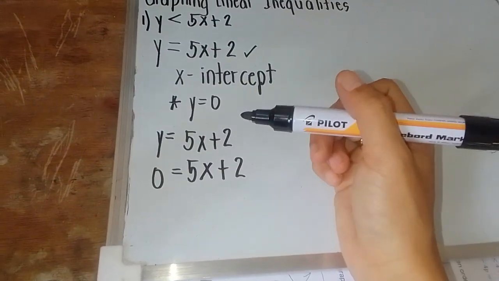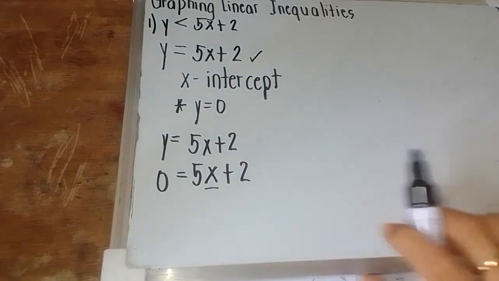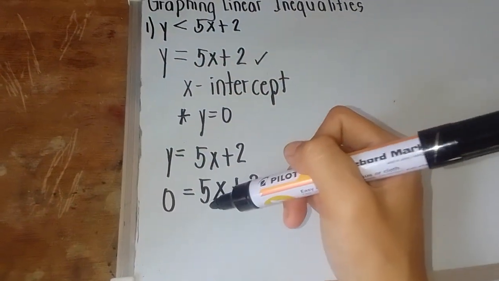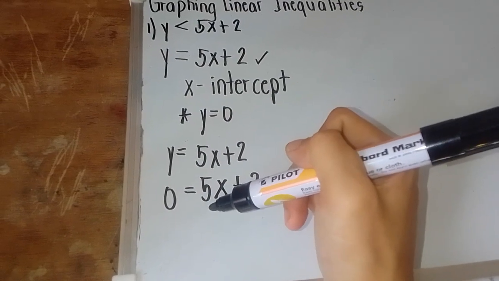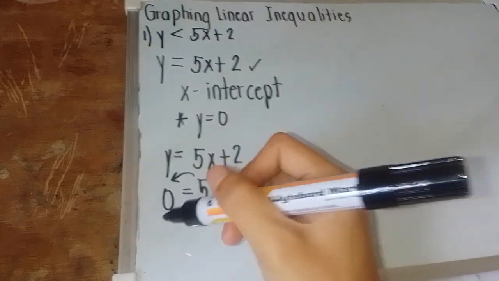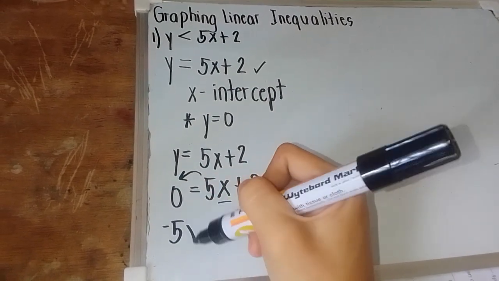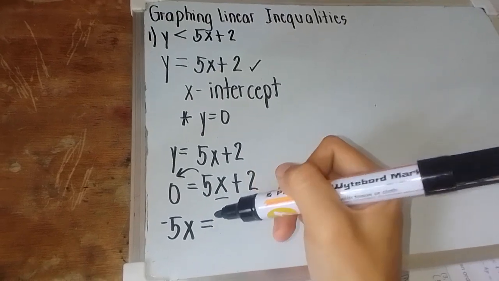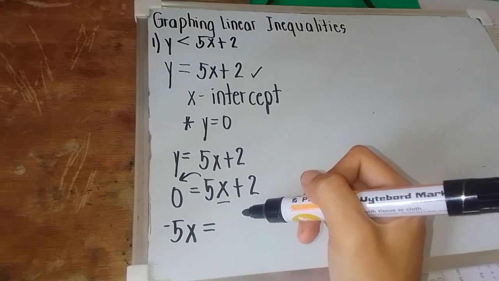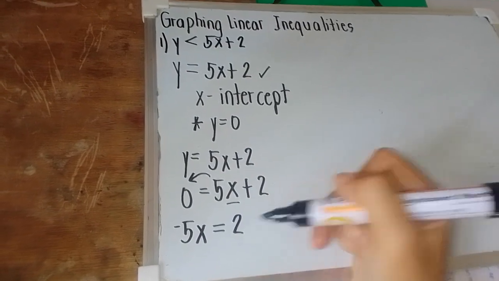So, the term with variable x, we will transpose to the left side of our equation. The 5x term is on the right side. Transposing this term to the left side of the equation, it goes from positive to negative 5x. Then write the remaining term at the right side. We have positive 2, so that is 2.